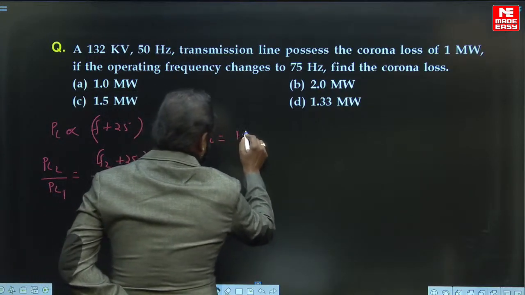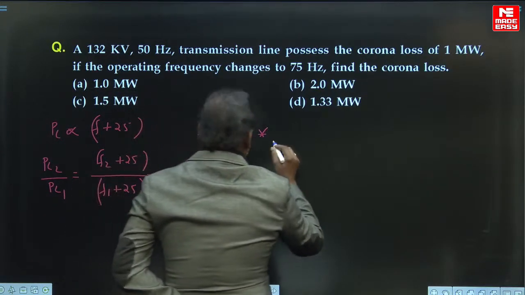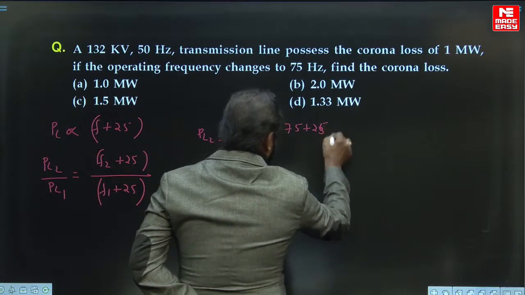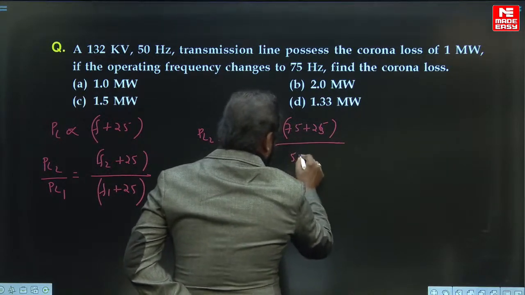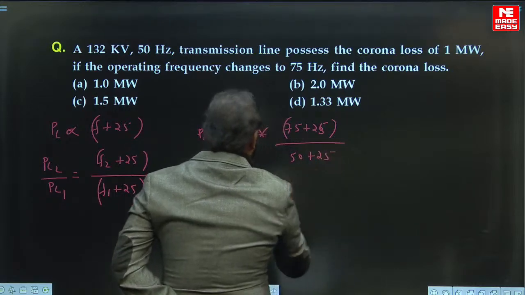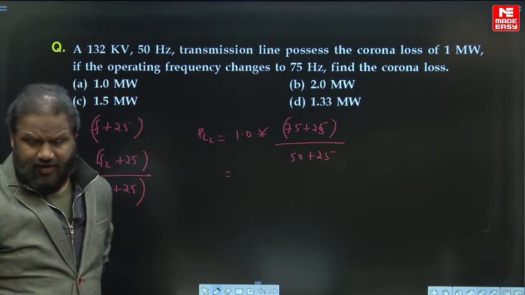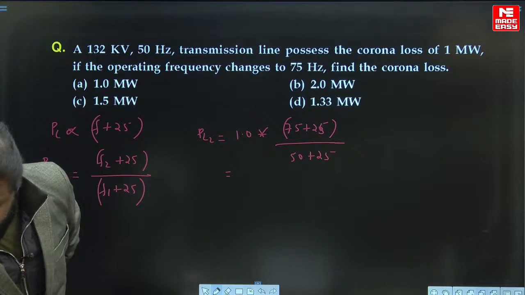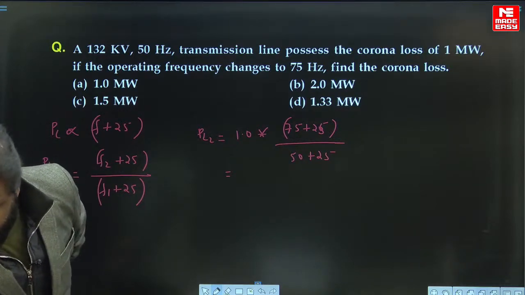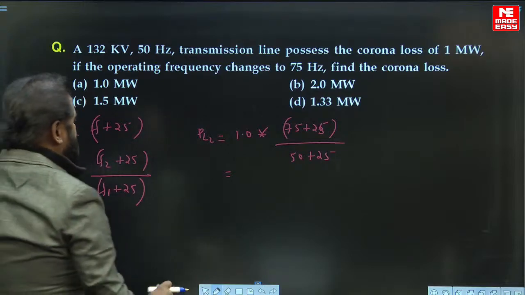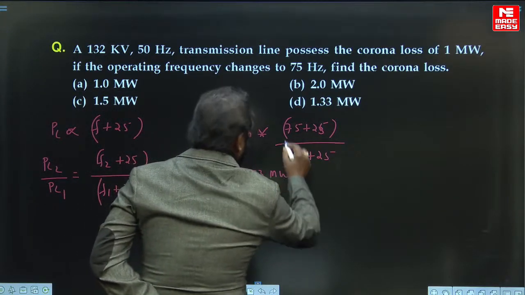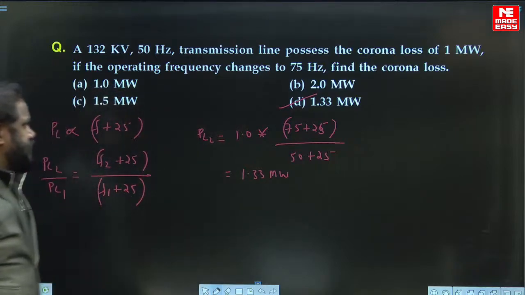PL2 equals PL1, which is 1, into 75 plus 25 divided by 50 plus 25. So this comes as 1.33 megawatts. This is the right answer.